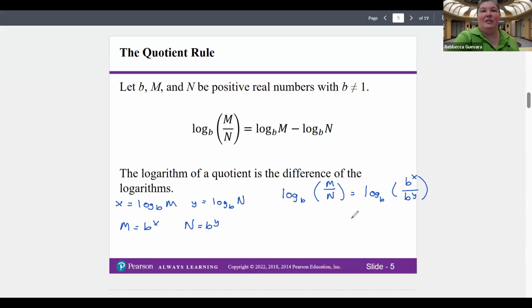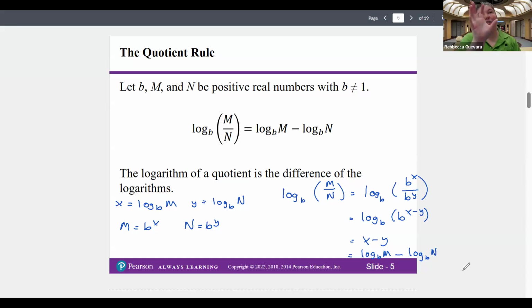And then because we got that difference here, that just turns into log base b of b to the x minus y. That's how we get the subtraction, which leaves us with x minus y because we got the same base. And we know that x is just log base b of m minus y, which is log base b of n.